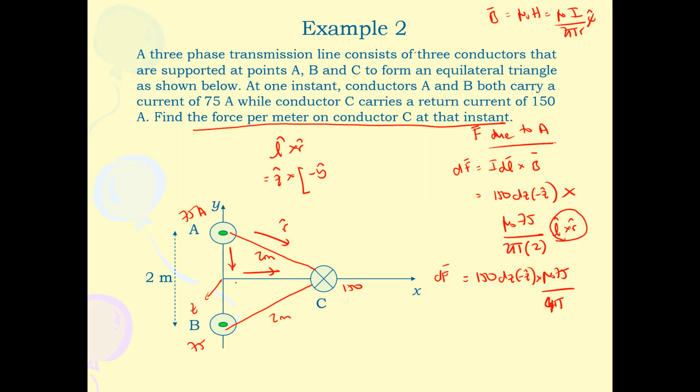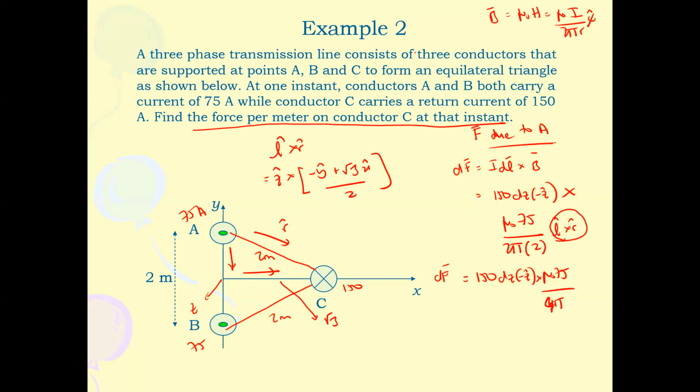This vector is toward positive x, and its magnitude will be the square root of 2 squared minus 1, which is root 3. So the r unit vector will be negative y plus root 3 in the x direction, divided by the distance of 2.